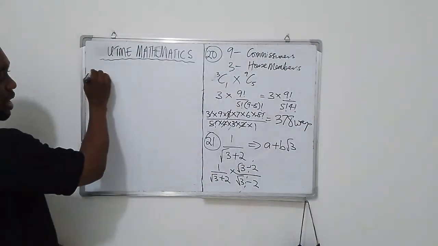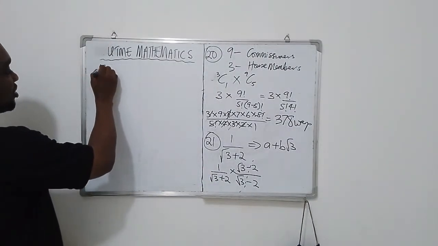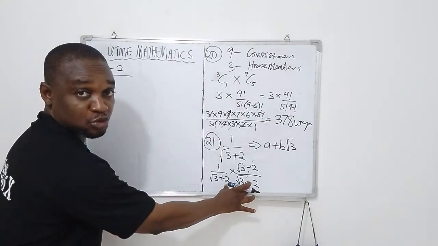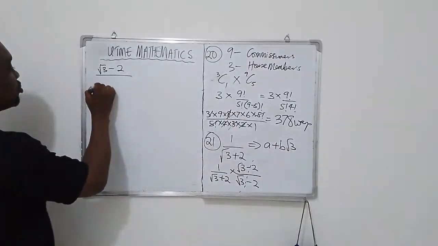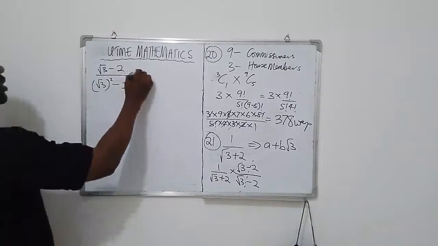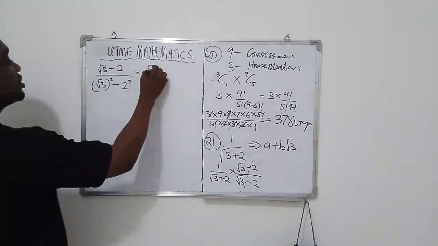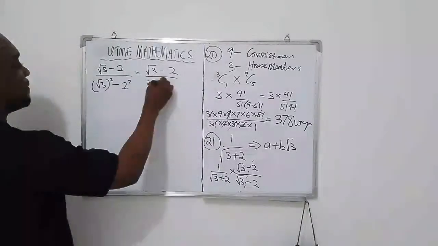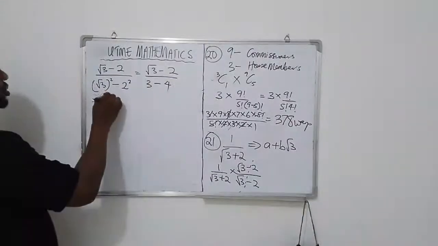So here, I'm going to have root 3 minus 2 over, here I'll do a difference of 2 squares because that's what it is. So this will be root 3 all squared minus 2 squared. So this will be root 3 minus 2 over 3 minus 4.